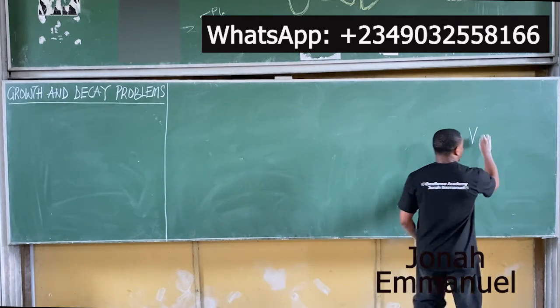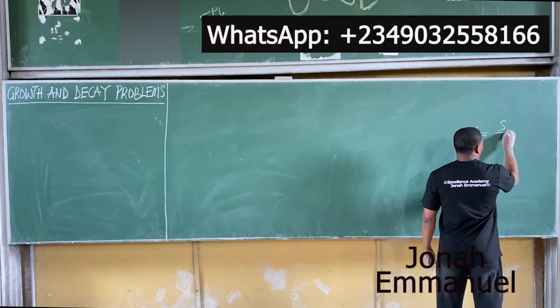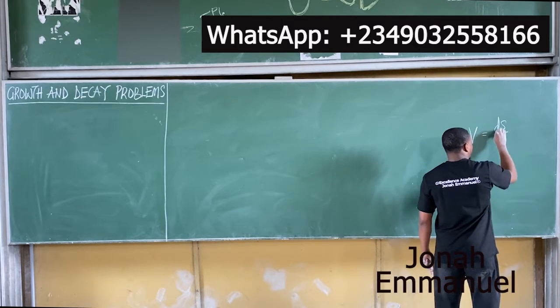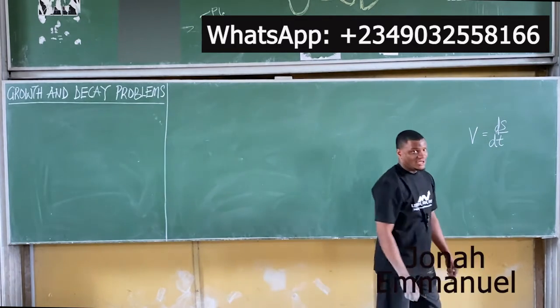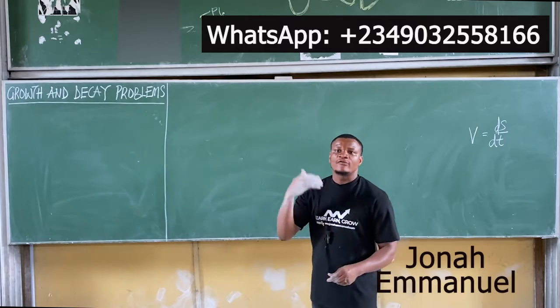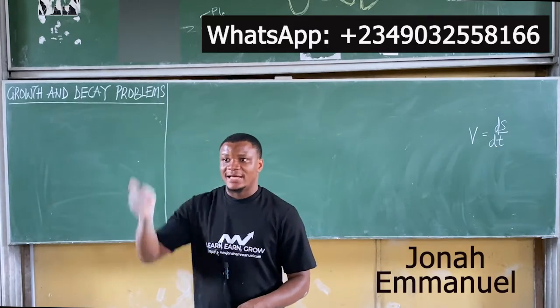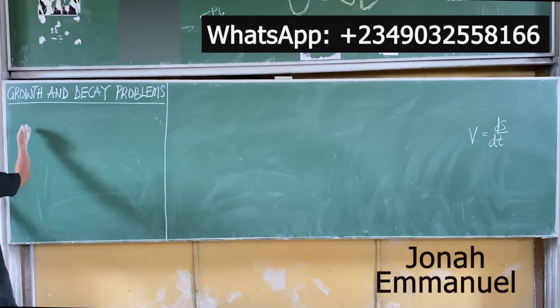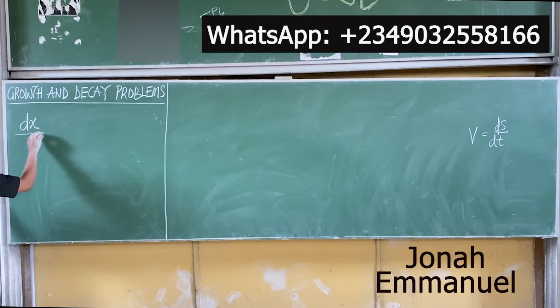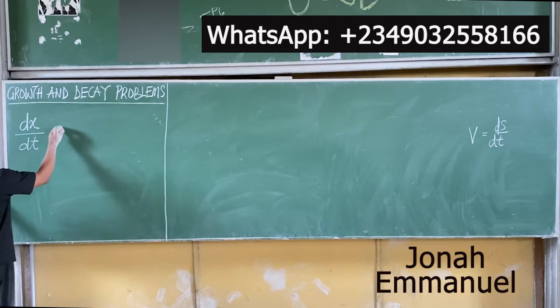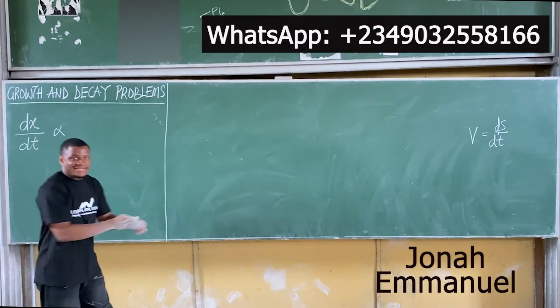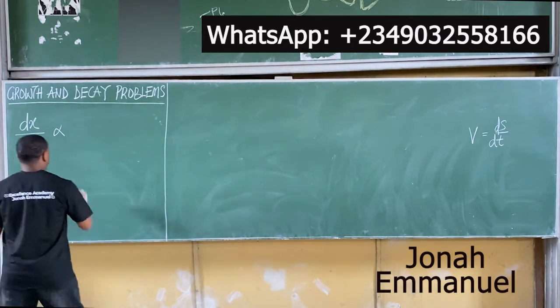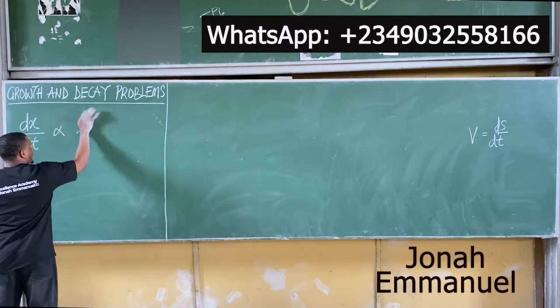So distance all over time, ds dt. So if I say the rate of growth of a population, it becomes dx dt. Usually the rate of change of the size is directly proportional to what there? The size itself. That becomes x.